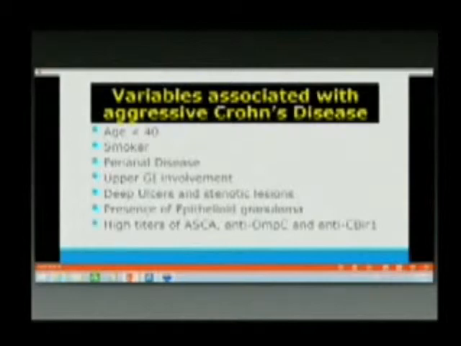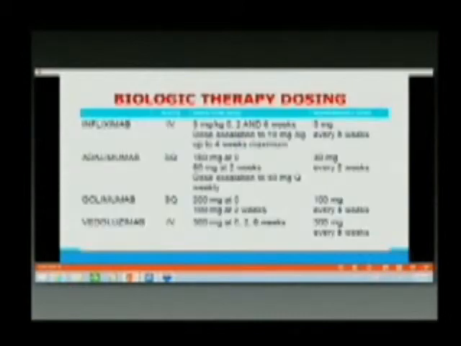Smoking, because certainly antibodies. Start convincing your patient, especially for anti-TNF.